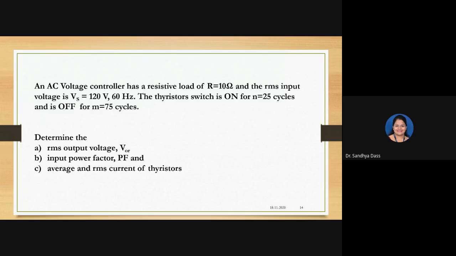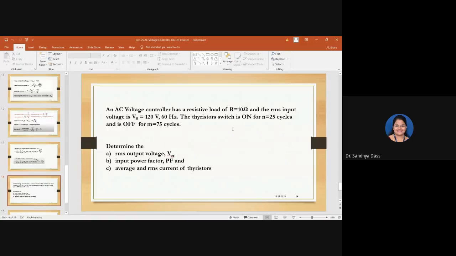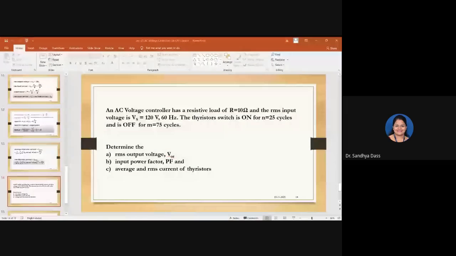Determine the RMS output voltage V naught R. The input power factor, PF, is also asked, and also give me the average and RMS current of thyristors. I believe you have copied all the expressions. Now we just have to substitute the values given here. Please do it. I will call a few of you randomly to give me the answer.